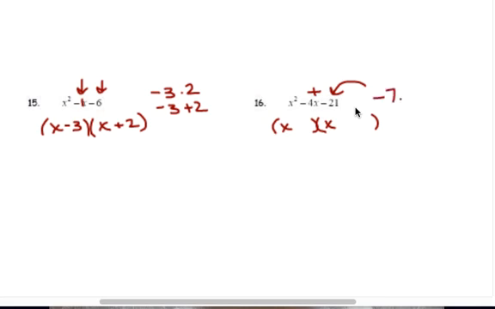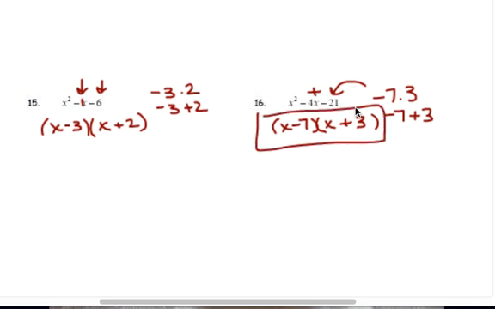Okay, so Nathan says negative 7 times 3 is negative 21. Negative 7 plus 3 is negative 4, so that's our 2 numbers, negative 7 and positive 3. Fantastic. So there it is in factored form. And you guys understand this is your answer, right? Yes. All right, and if you ever want to check it, just multiply out like you were doing in the previous unit and see if you get this. And then you'll know you did it right.